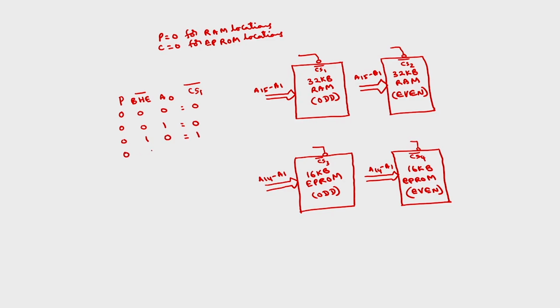This is 1 1, no bank will be selected, so this will be 1. So only in these two cases should CS1 bar be equal to 0. So what is the Boolean expression for CS1 bar?